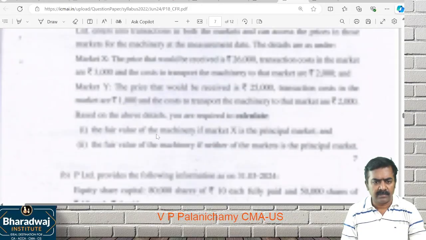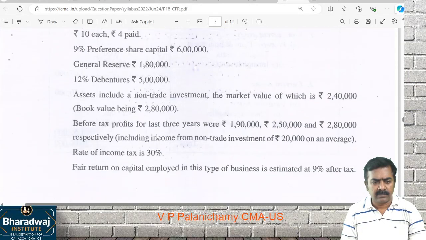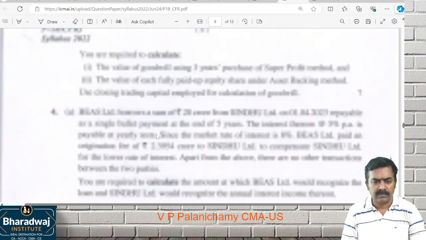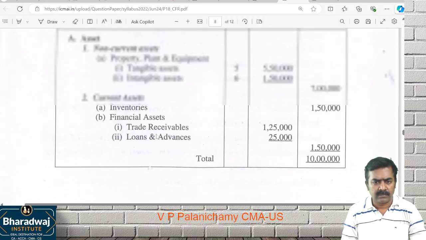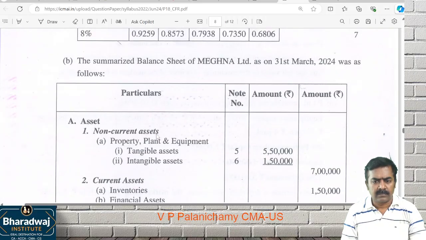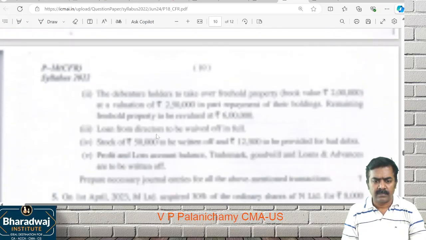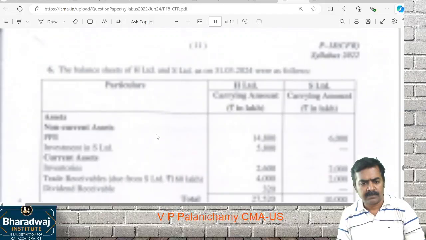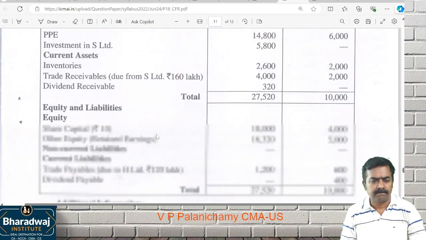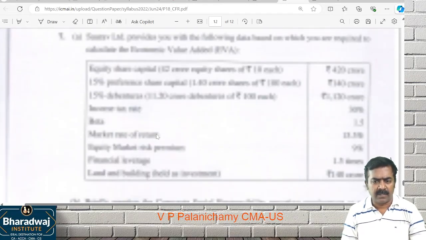Release account. Internal reconstruction. Holding and subsidiary.